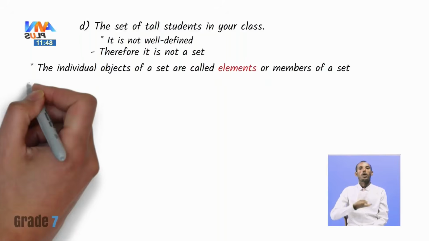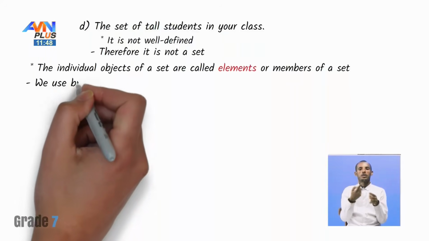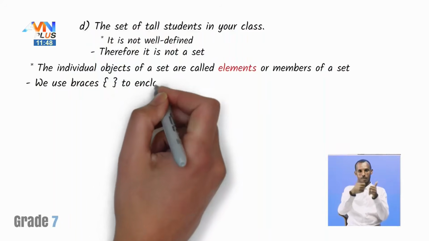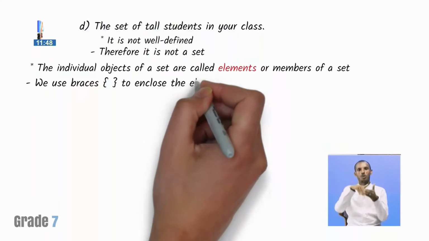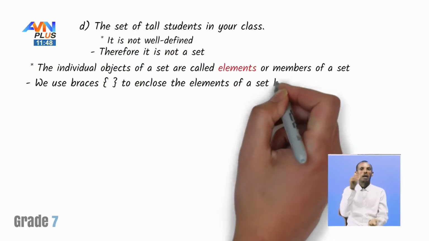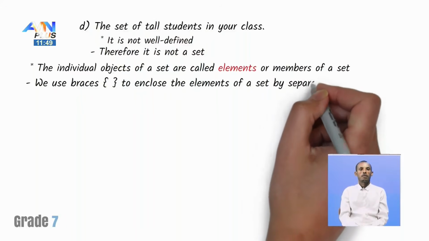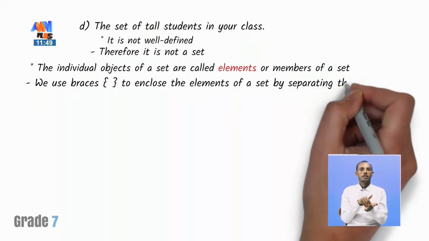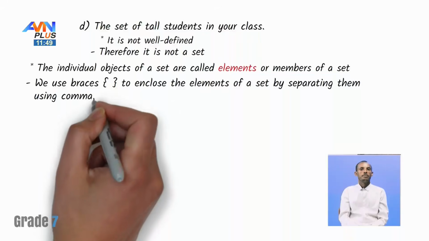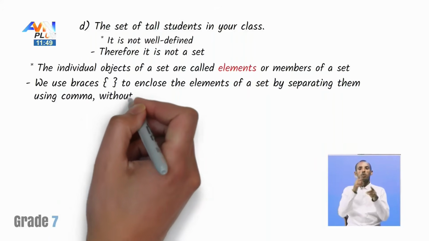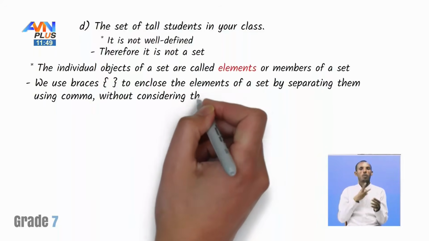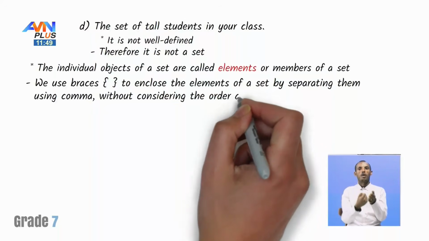We use braces to enclose the members of a set by separating them using commas and without considering the order and repetition of the elements. So no need of repeating an element of a set, and we can write the members in any order.